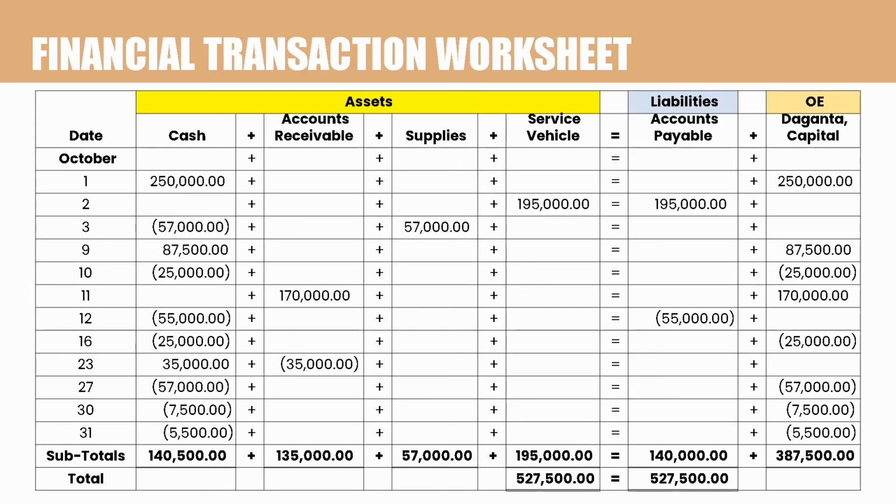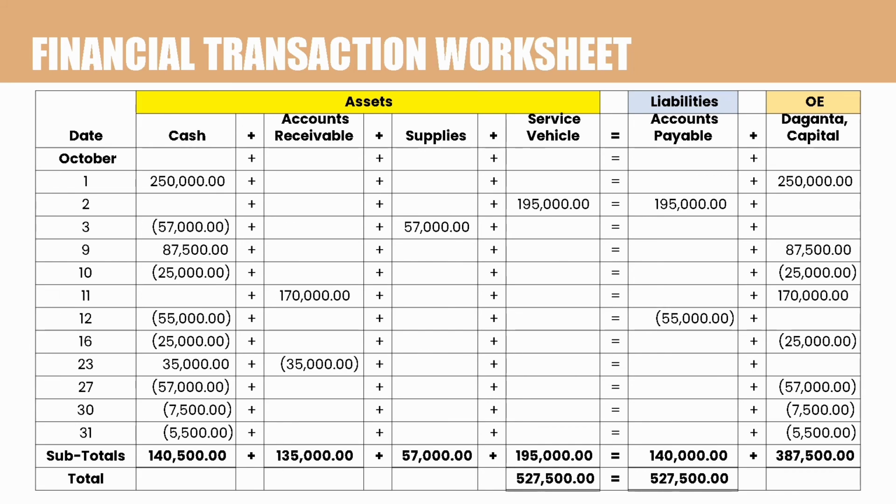Okay? So, this is the summary of our financial transaction worksheet for this certain problem. And every column ay ito total natin. So, we have here sa column na cash, pag tinotal natin siya, we have 140,500. Then sa accounts receivable naman, 135,000. Sa supplies, 57,000. Service vehicle, 195,000. Accounts payable, 140,000. And Daganta Capital, 387,500.